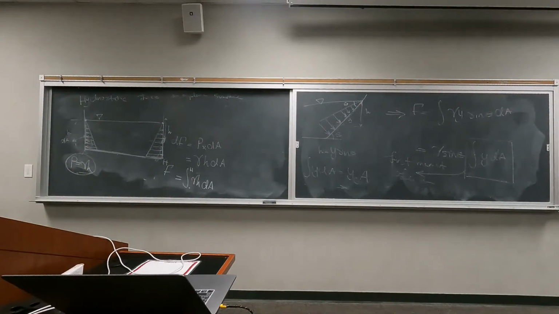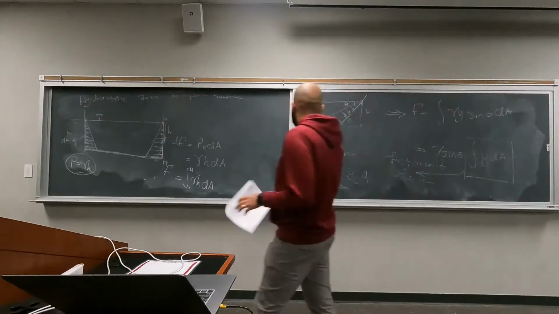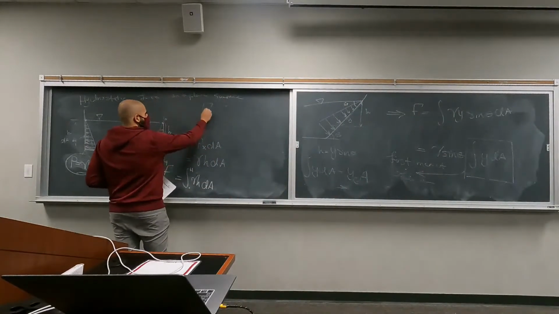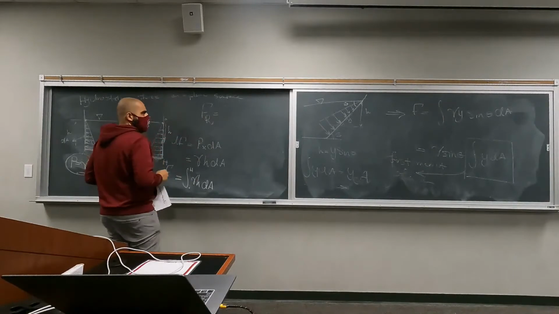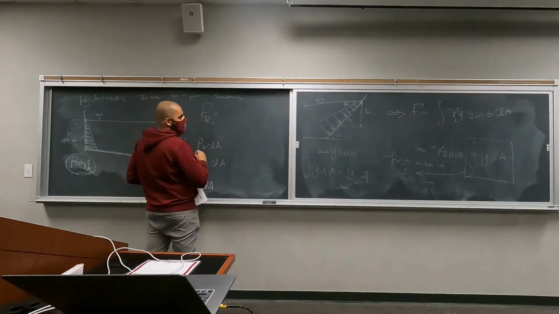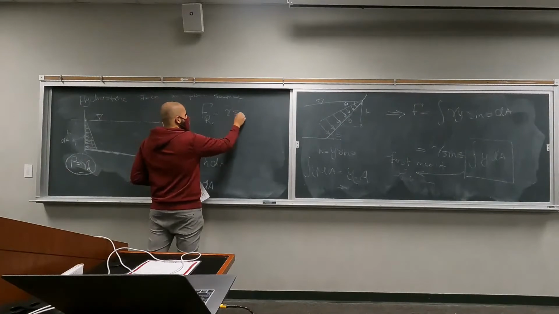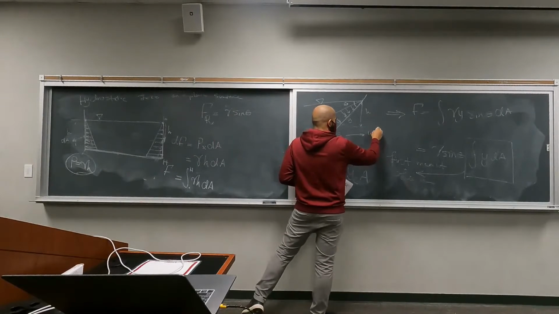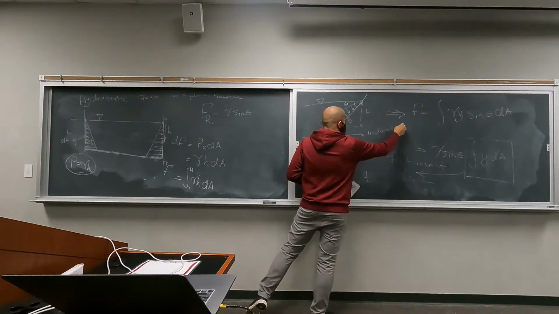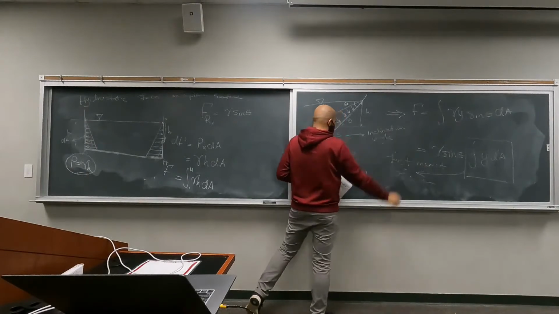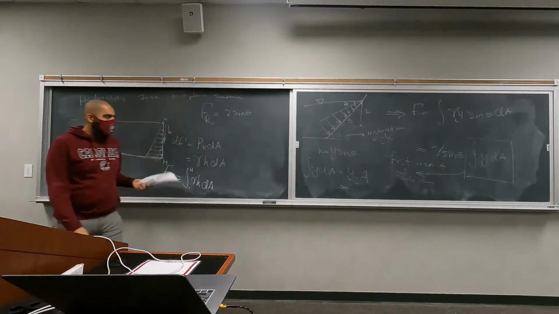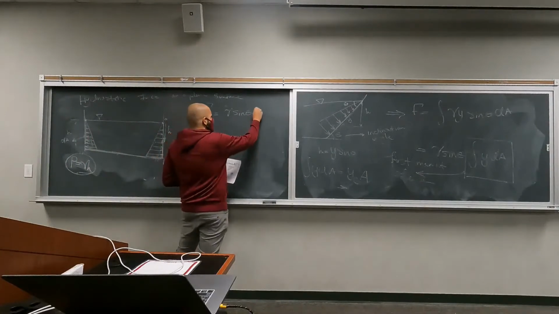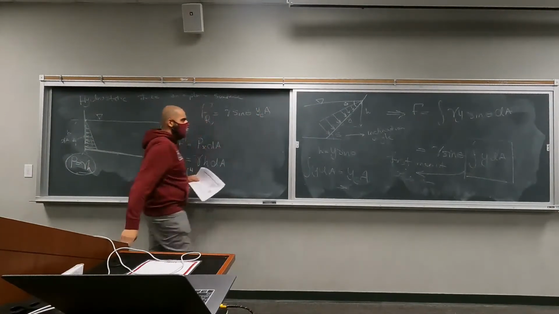So essentially, your resultant force, the total force this fluid, liquid, or whatever that is exerting on your wall, we usually call it F_R, is going to be a function of gamma, the inclination angle, sine of that angle, the location of your centroid, and the total area.